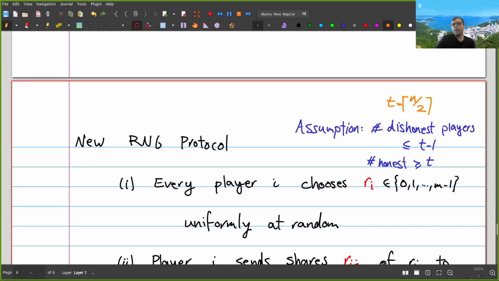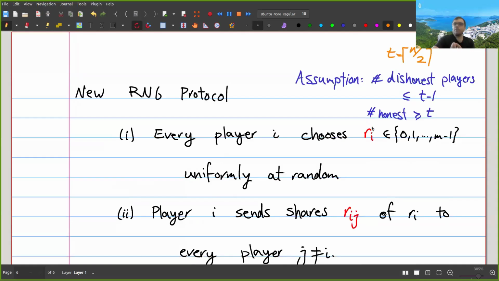Previously, when I had the protocol with deposits and I said I need $1 million deposits, huge deposits to punish people who don't reveal, I didn't need the assumption that I have half of my players who are honest. The only assumption I needed there was that I have one honest player, because I need one honest player to make sure everything is uniform, right?